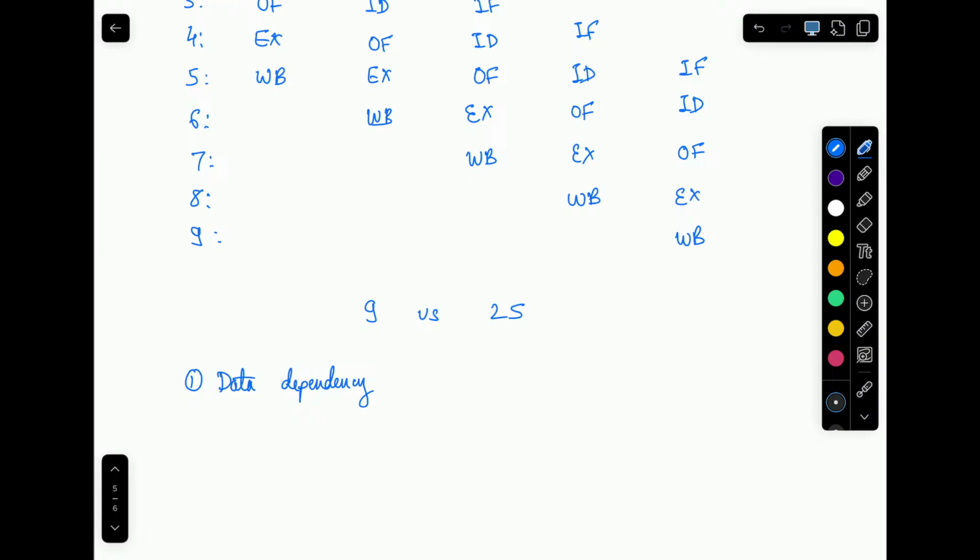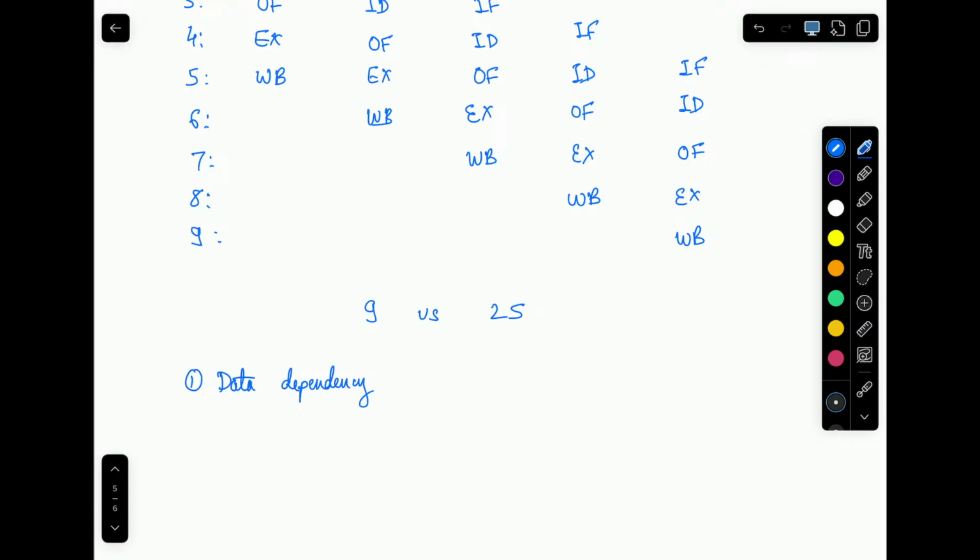Now you need A in order to be able to fetch the operands here. So the previous instruction should ideally have written back A to the memory, only after which you can get the operand of the second instruction from the memory, right? Otherwise you might get either a stale value of A, or you may not find A in the memory, you may get some garbage value, and so on. Okay, so you have to wait for the previous instruction to have written the value of A to the memory before getting it.